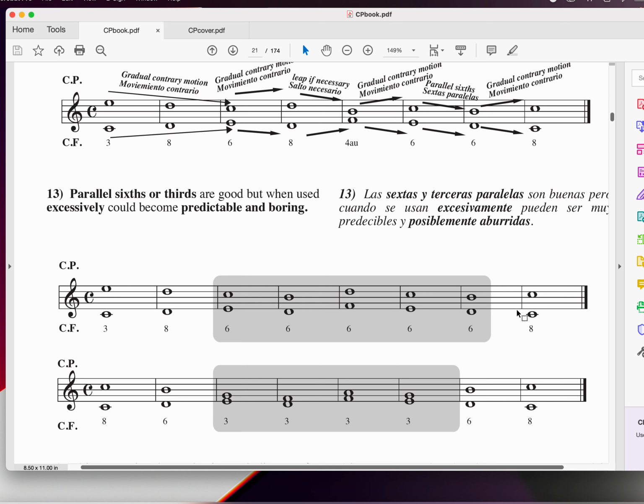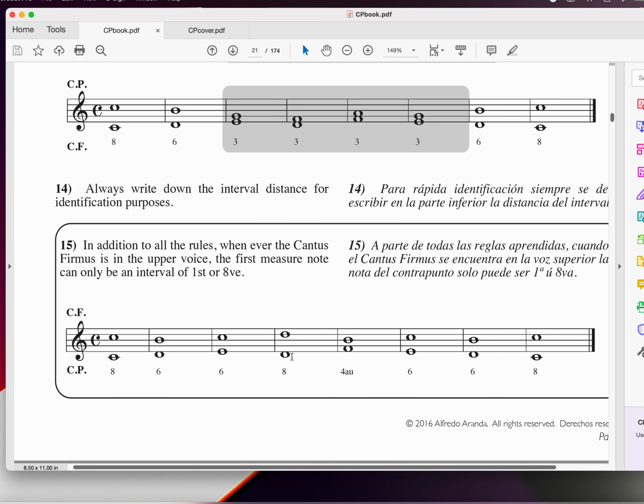However you place this, the third and the sixth, it will sound good because it's a very likable, sweet interval. And you can go from one sixth to another sixth to another sixth forever if you want. And you can do the same thing with the thirds, and it will always sound good. But it will not be very creative because that's very easy.